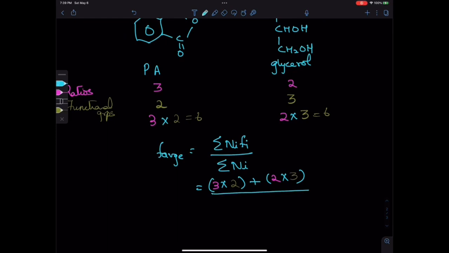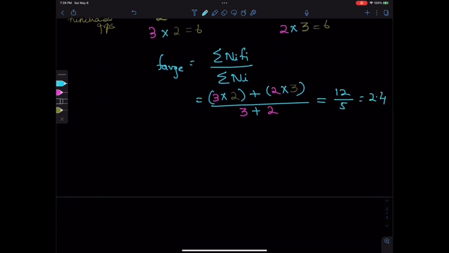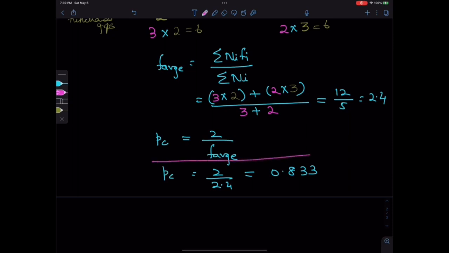This divided by 3 plus 2, which is the total number of molecules, and we get that equal to 12 over 5, which is 2.4. Now from Carother's equation, PC is equal to 2 over F average, so that's 2 over 2.4, which is 0.833. So this is the PC value for stoichiometric ratios of phthalic anhydride and glycerol.